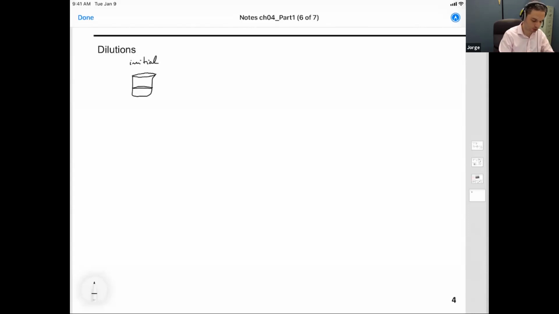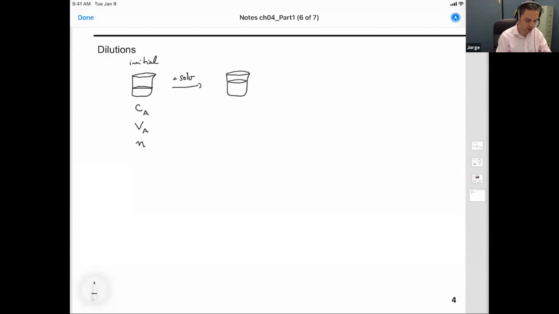This initial solution has a molar concentration that I'm calling Ca and has a volume that I'm going to call Va. And also there is an amount of compound that I'm going to call N. From this solution, you can add more water or more solvent, and the result is going to be an increase in the volume.